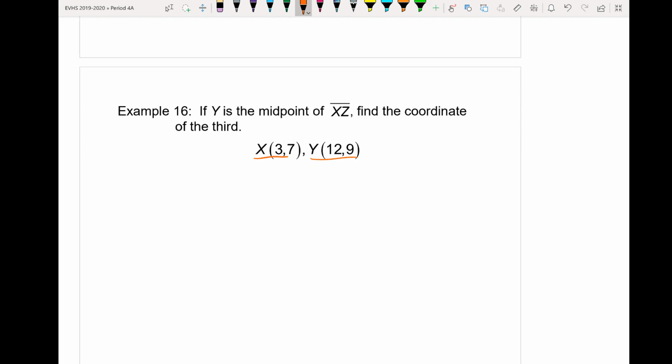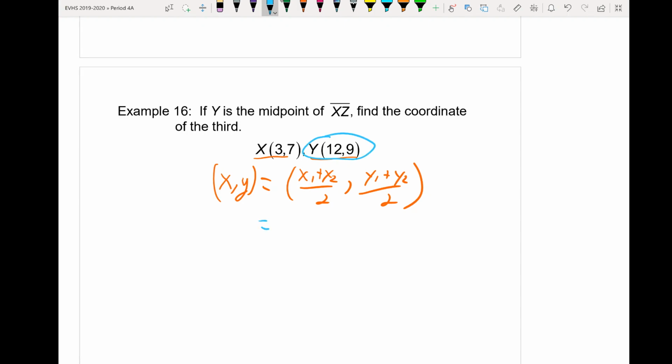So here, sorry, let me write this the right way. The midpoint (x, y) is equal to (x1 plus x2 over 2, y1 plus y2 over 2). Now, when I go to plug them in, notice that y is my midpoint.